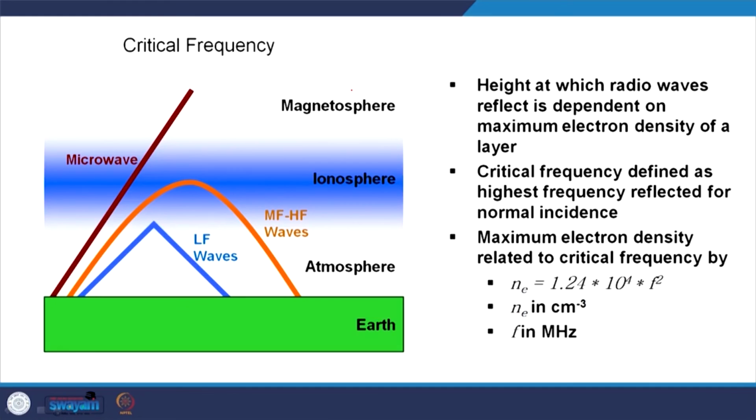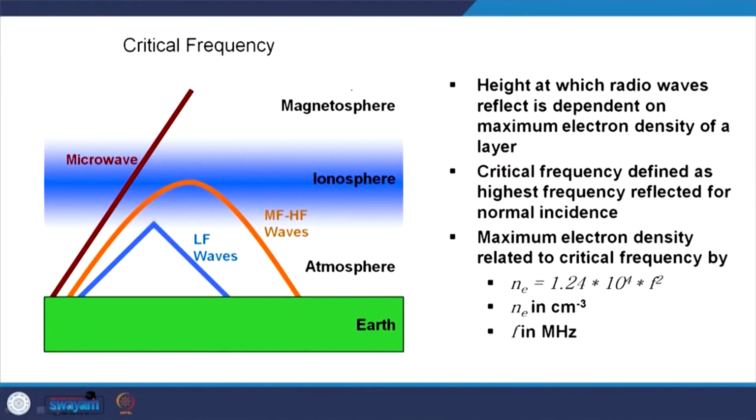Right. So, the height at which the radio waves reflect is dependent on the maximum electron density of a particular layer. Okay. Critical frequency is defined as the highest frequency that is reflected for normal incidence. So, the critical frequency is not for oblique incidence, but for normal incidence. Okay. The maximum electron density related to the critical frequency can be obtained from the same formula in this way, right. What you see here depends on the frequency: low frequency, medium to high frequency, and microwave.